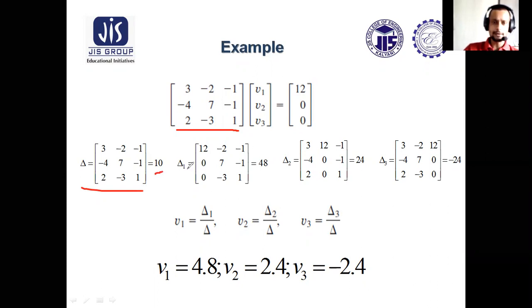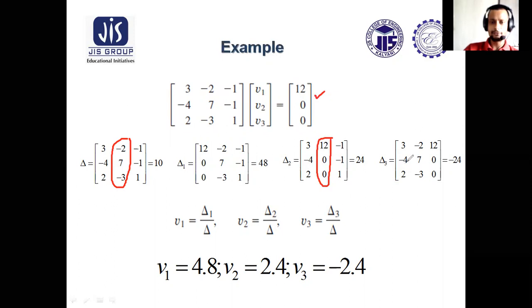Similarly, how can we find del 1? In del, replace the first column by the right side matrix, 12, 0, 0, and the remaining two columns of del stay the same. Similarly, while finding del 2, replace the second column with the right hand side.